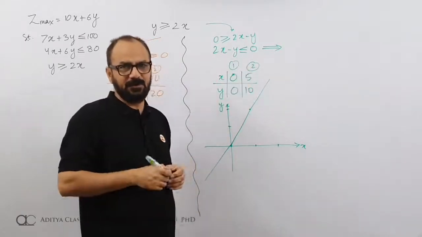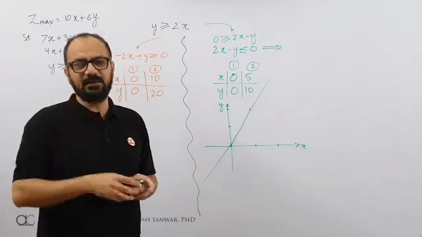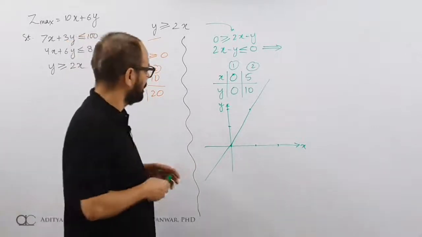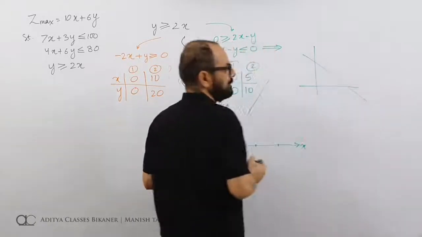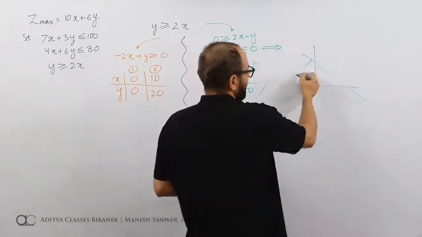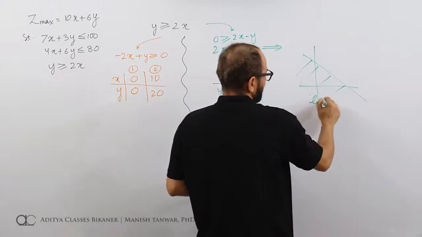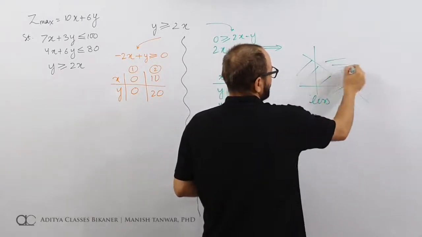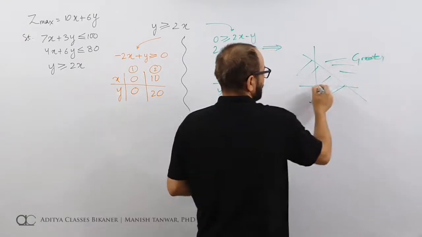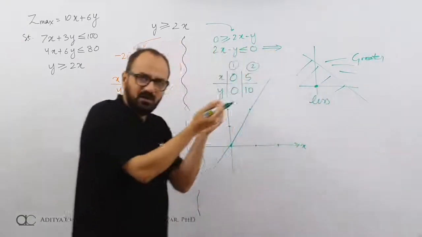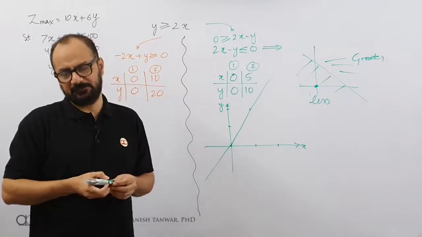Now before I try to find out this area, again a recap from our previous videos. In this constraint, less than area would be this, and greater than would be this. Why? Because area towards origin is less than.